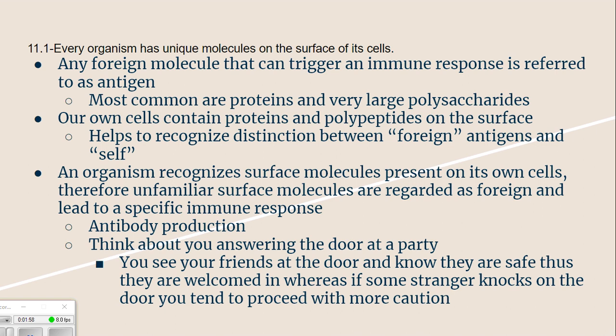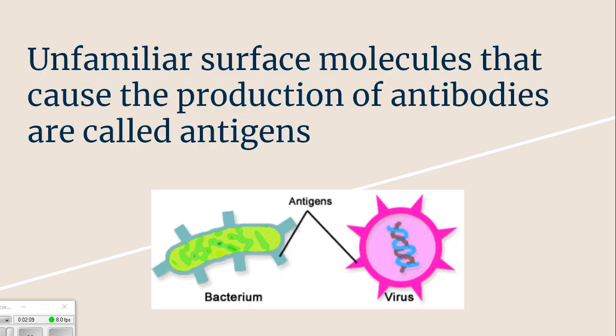Whereas if some stranger knocks on the door, you tend to proceed with more caution. So anything that you don't recognize or are not familiar with, you exercise caution. So unfamiliar surface molecules will cause the production of antibodies, these unfamiliar surface molecules are referred to as antigens.